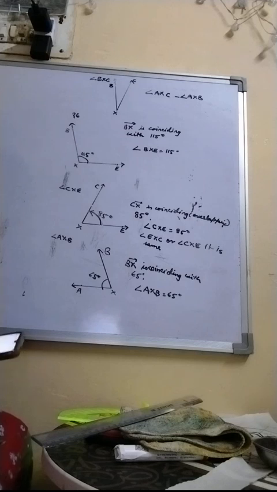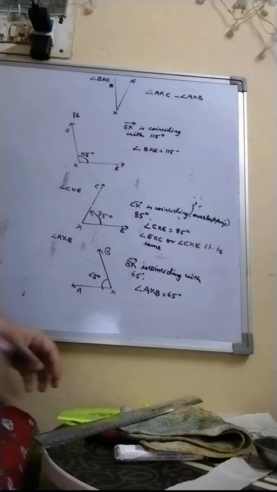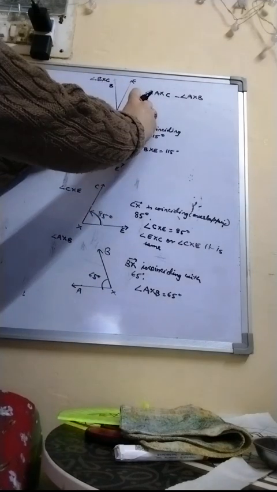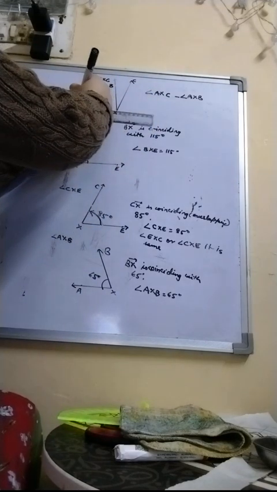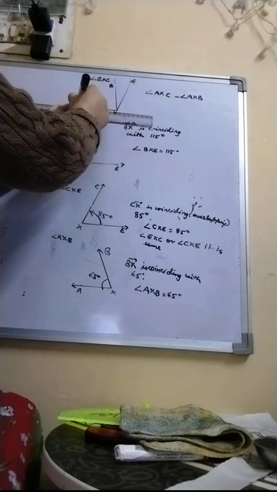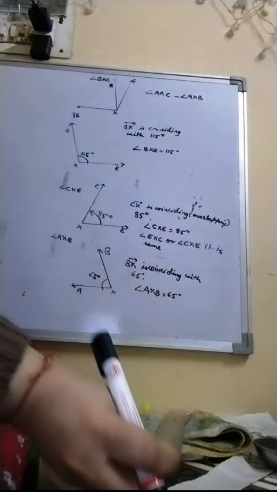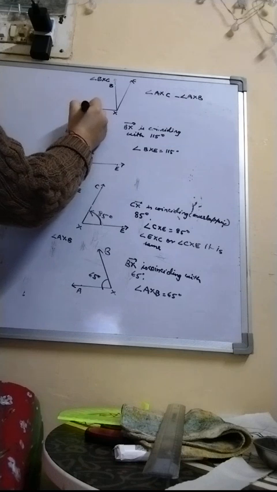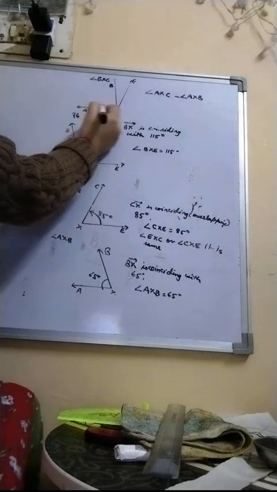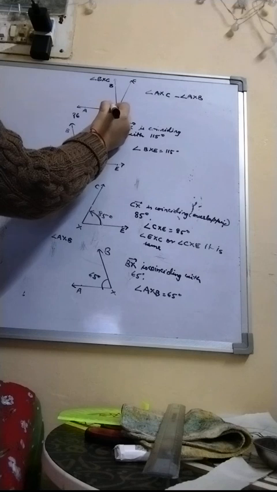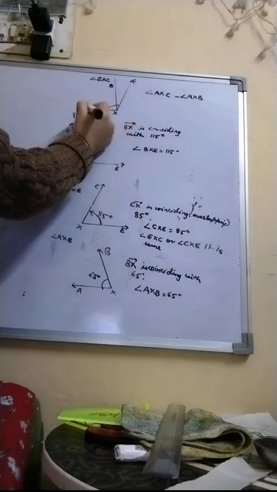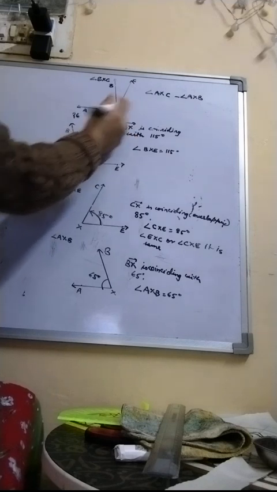Here it is AXC. Now see, AXC is going from ray AX to XC.